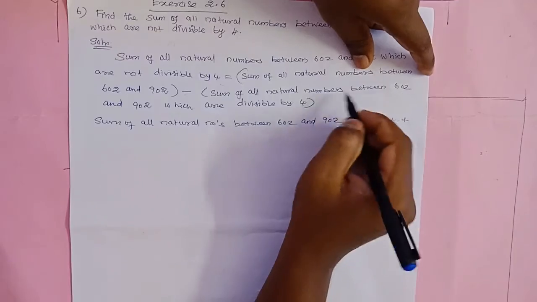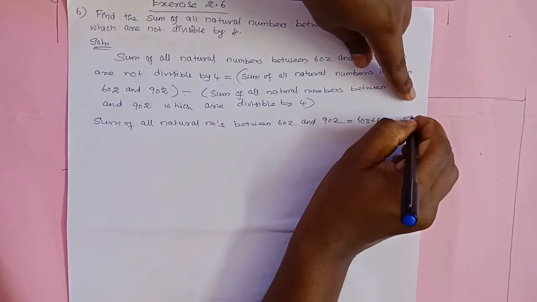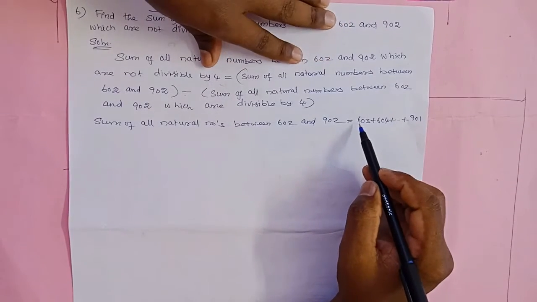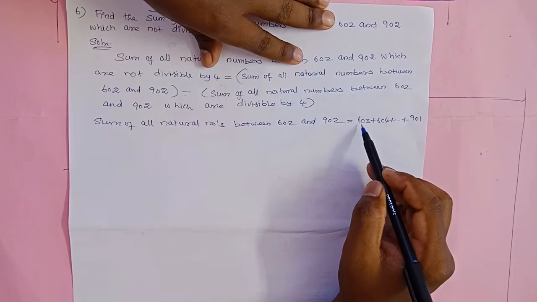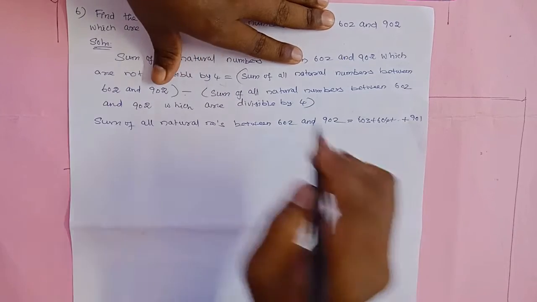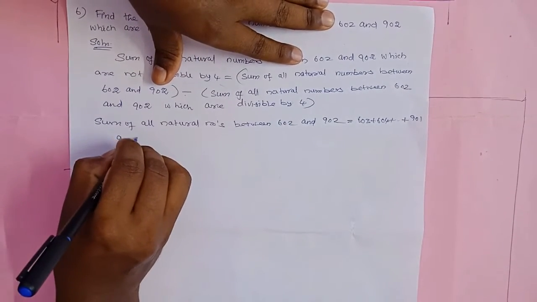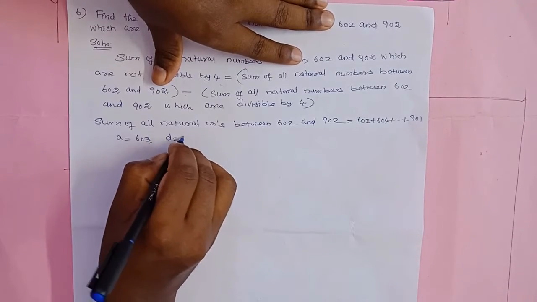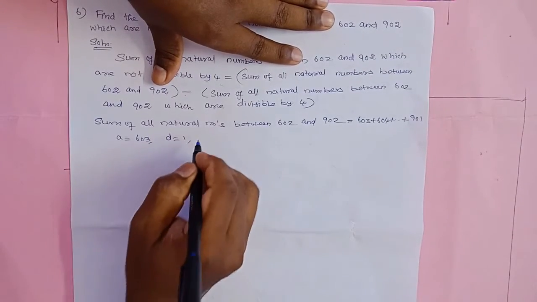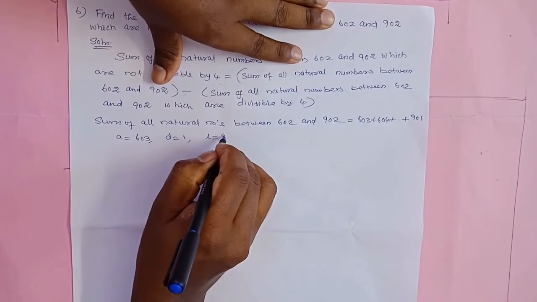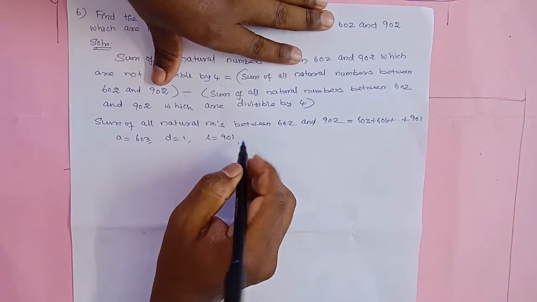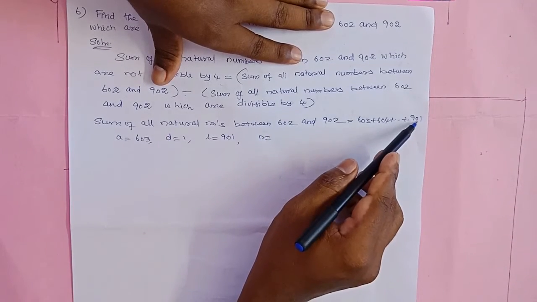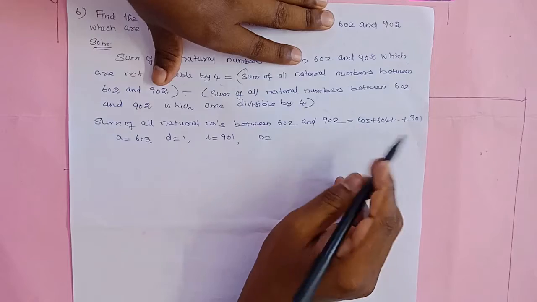The last number is, before 902, the previous number 901. So these are the natural numbers between 602 and 902: 603, 604, and so on up to 901. Here a is equal to 603 and d, the common difference, is equal to 1 since they are natural numbers, and l is equal to 901. Here the formula for the number of terms n is equal to 902 minus 602 subtracted, we will get it.